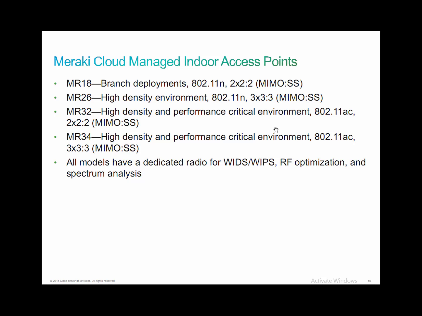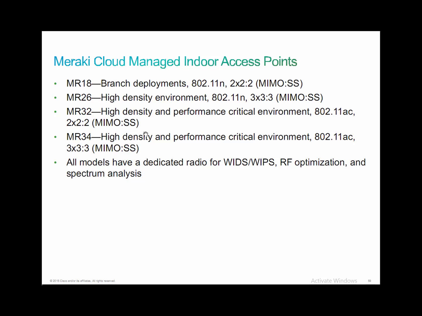Security, guest access. We can use WIDS and WIPS, that's the intrusion detection and intrusion prevention systems. We can do RF optimization, spectrum analysis, beamforming, MRC, role-based administration, email and text messaging alerts. Subscription licenses are used in this case to operate these particular models.